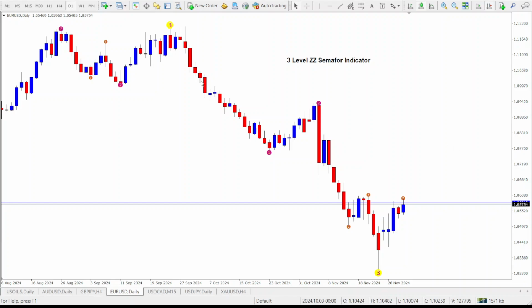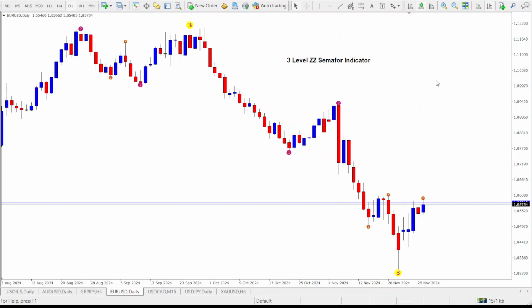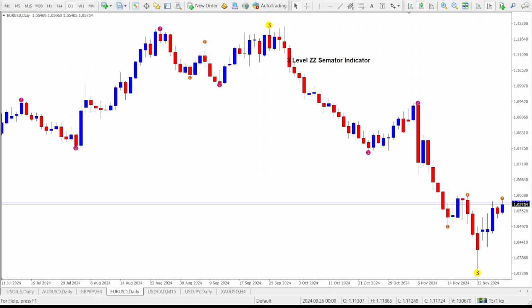Now, as you can see, it's a very straightforward indicator. It's actually a dynamic zigzag indicator. ZZ for zigzag. It's a dynamic zigzag indicator that aims to simplify market analysis and identify critical price levels. As you can see, whenever these circles appeared, the circles only appeared at important price points.